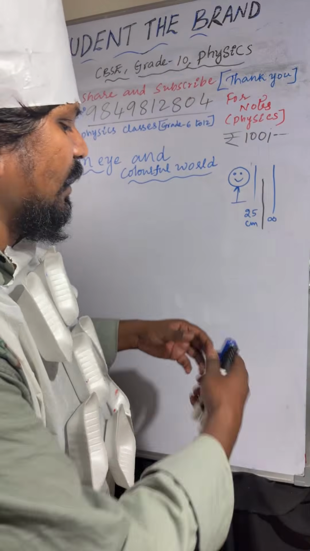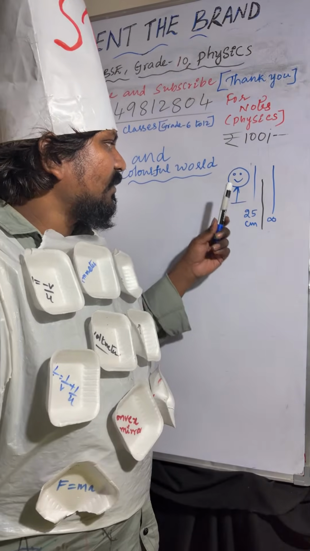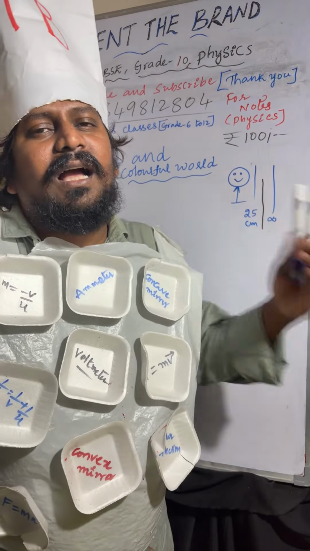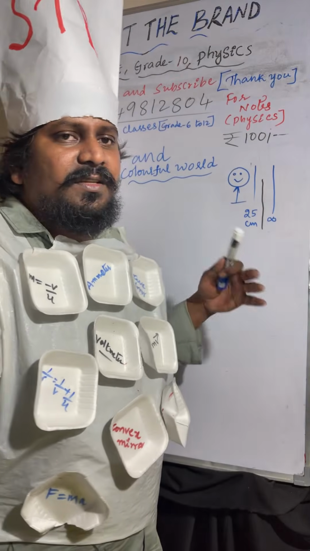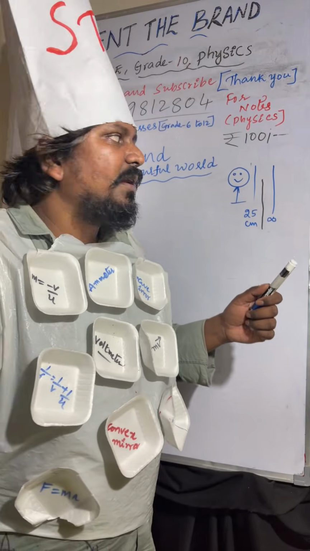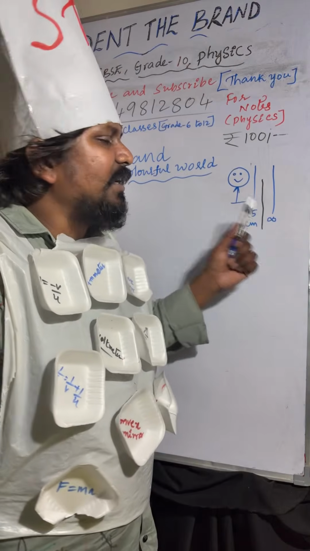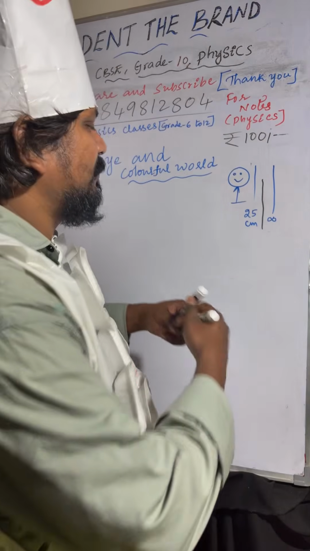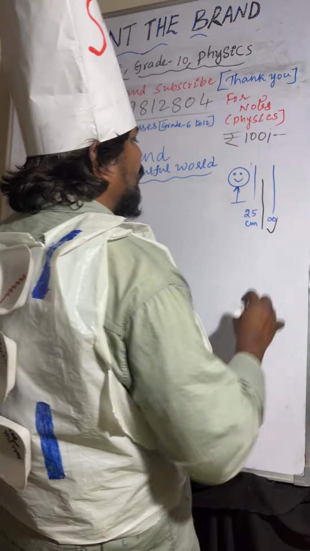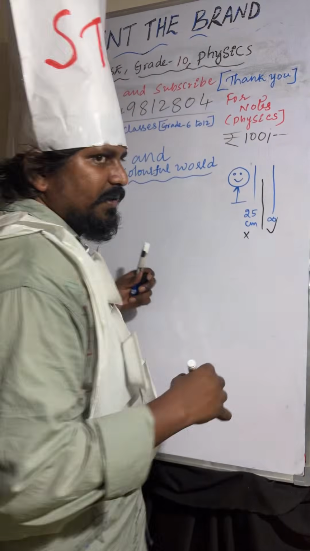Okay, so like that, the person who has hypermetropia can see the far distance object. So no problem, he is able to see this point, but he can't see this point.